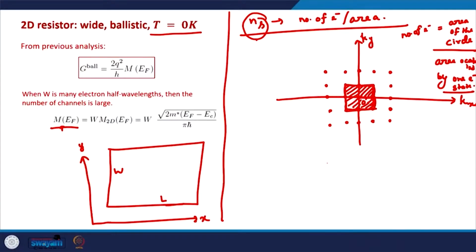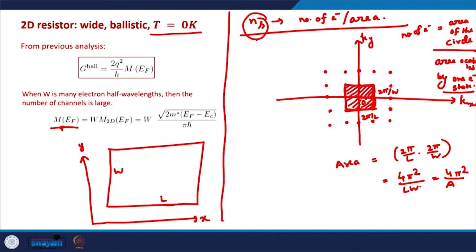So, what is the area? This is 2 pi by L length and 2 pi by W width. So, the area will be 2 pi by L times 2 pi by W. So, it will be 4 pi square by L times W, or 4 pi square by A. This is the area occupied by two electronic states if we consider the spins as well.